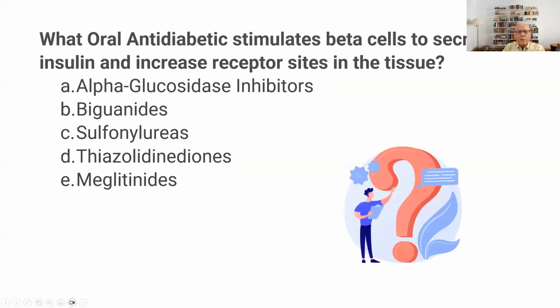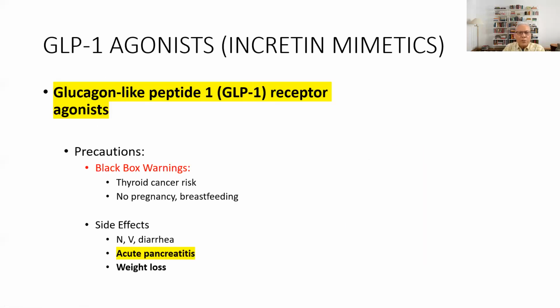All right, so what are some of the precautions as far as GLP1 agonists or incretin mimetics? Well, remember that these are medications that are usually given as an injection, and it could be once a day or twice a day.